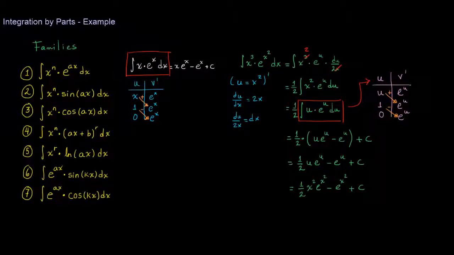So keep this in mind. It may not fall exactly into the form of the family, but we can use tools like changing the variable to make them fall into these families. So let's go to the second example of these mixing topics, integration by parts and change of variable.